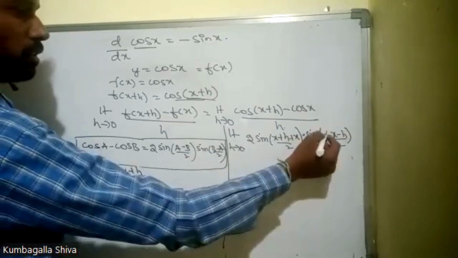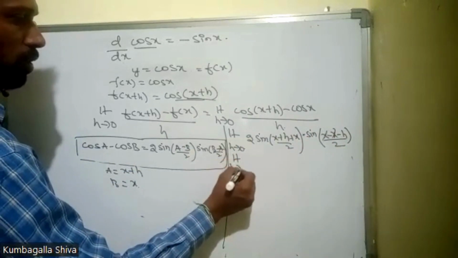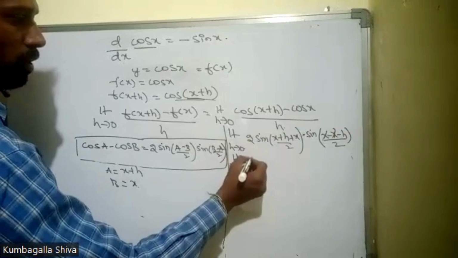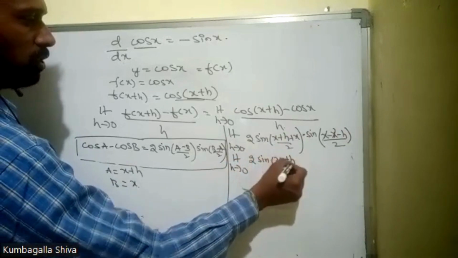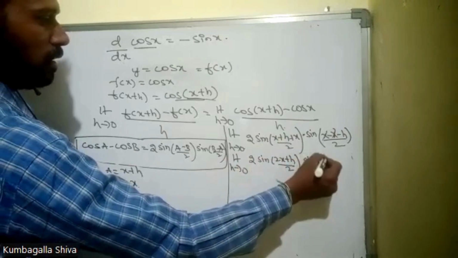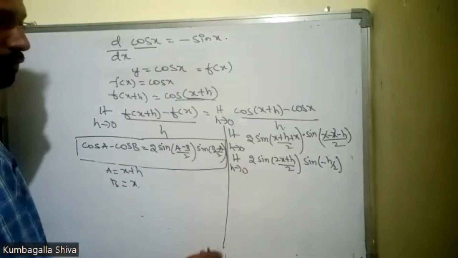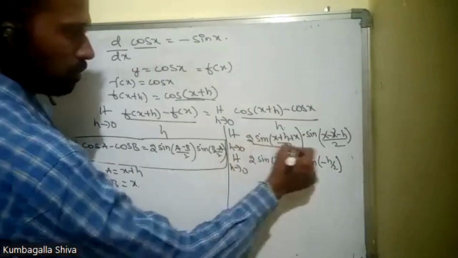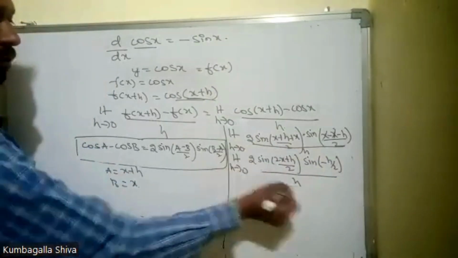So x cancels. I get limit h tends to 0, 2 into sin of (2x plus h) by 2 into sin of minus h by 2, by h. Now I take down this 2 here.